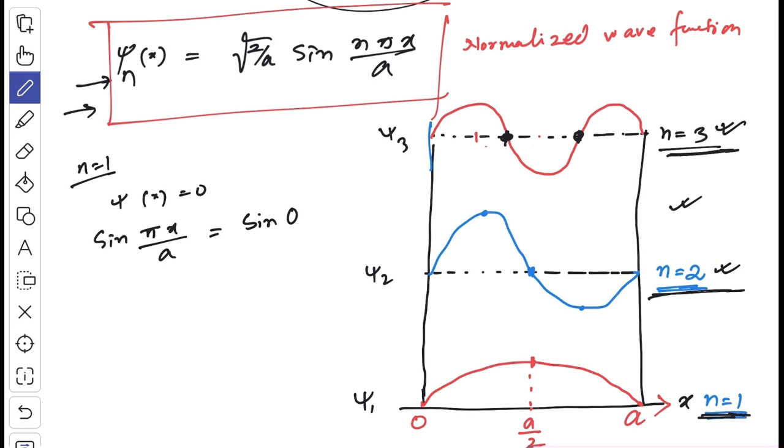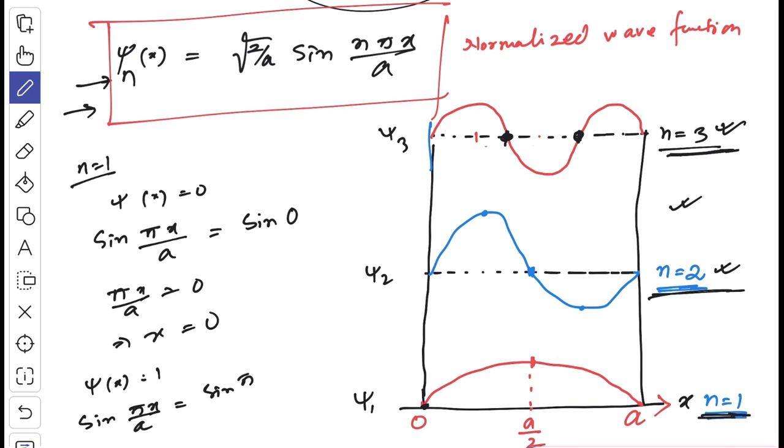So n pi x by a is going to be 0, so x is equal to 0 here. That is the point. And the maximum of psi will be 1. For that case we know sin 90 degrees is 1, so sin pi x by a equals sin pi by 2, which implies that x is equal to a by 2. So here is the point where we get the maximum.